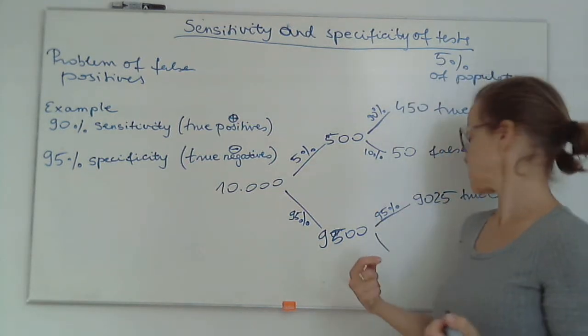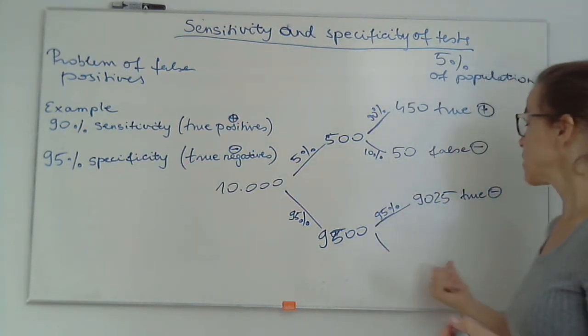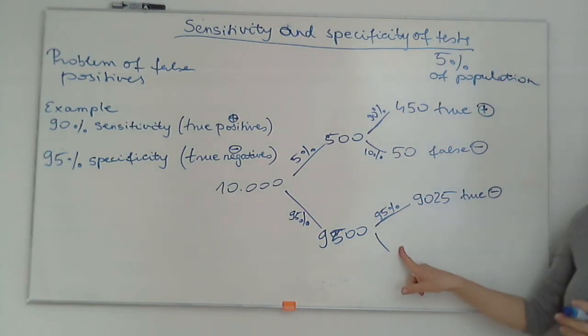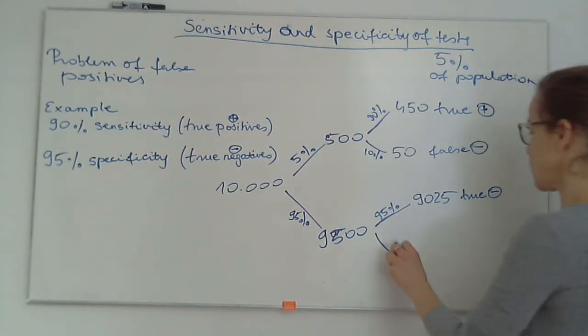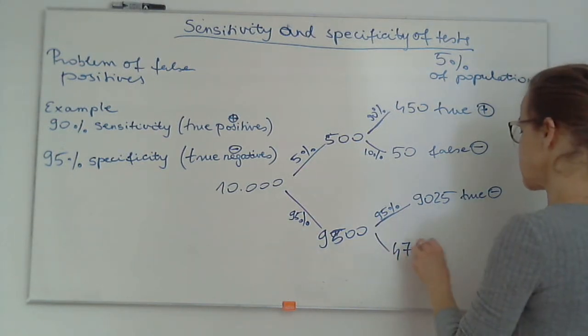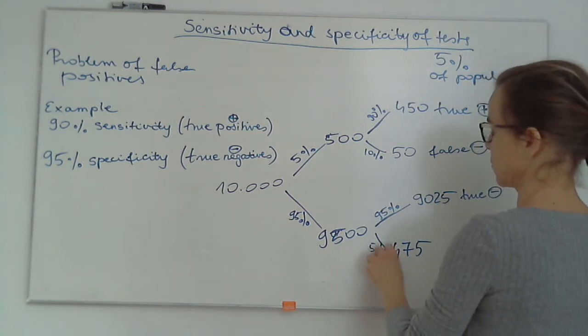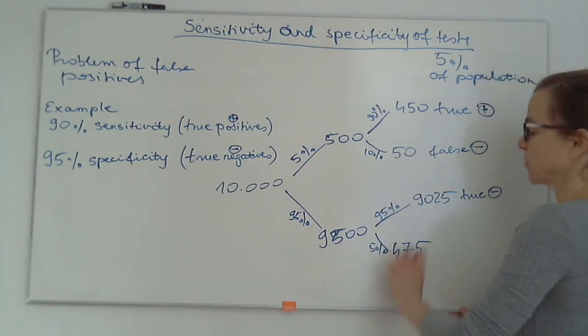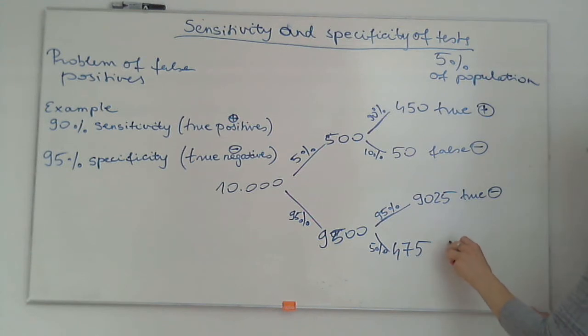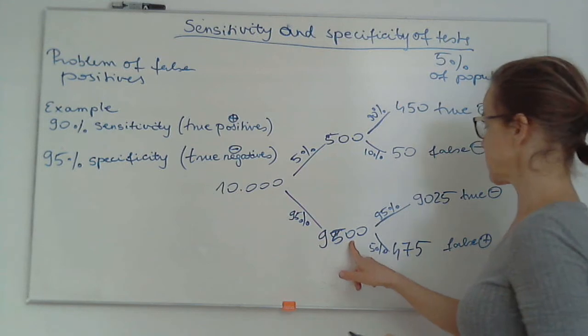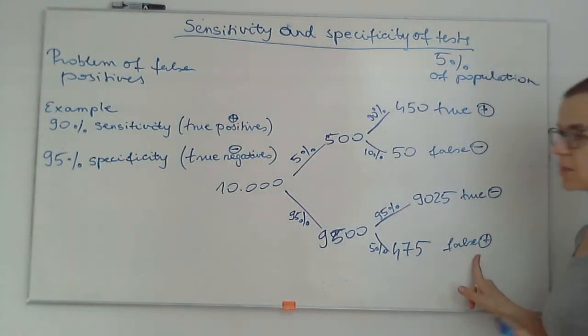Their result is negative. However, the remaining 475 people, the remaining 5% of this 9,500, are going to test false positive. They don't carry the illness, but their test is going to end up positive.